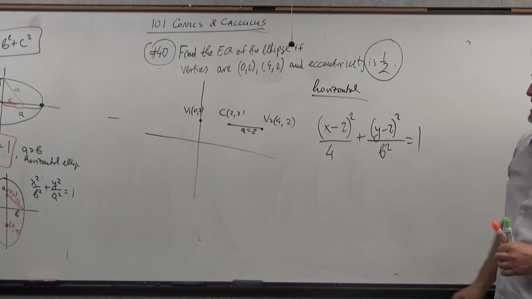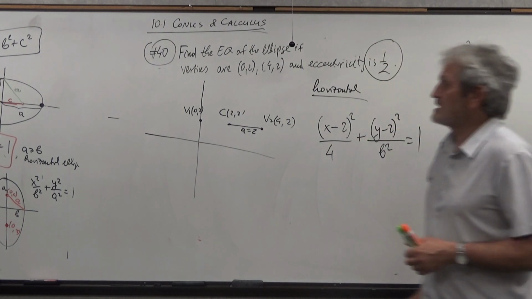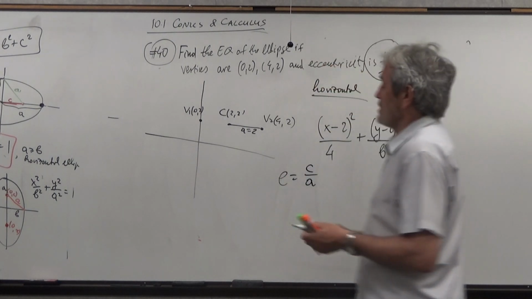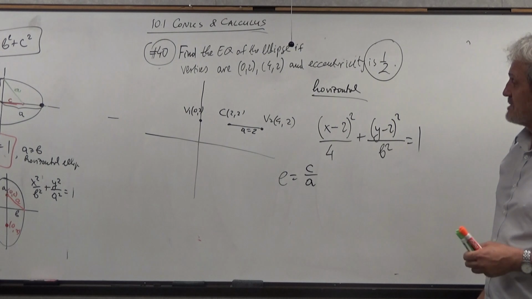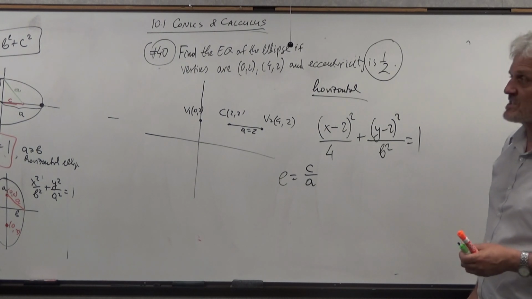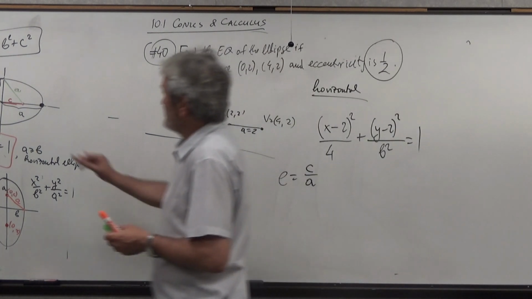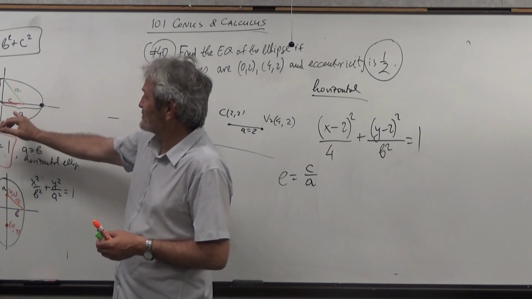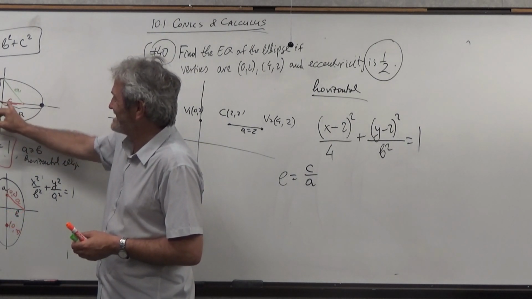So what is eccentricity? Eccentricity is actually a ratio of C and A. Generally it measures how far your ellipse is from the circle. Because if your ellipse is the circle, your focus is at the center, and your C is 0.